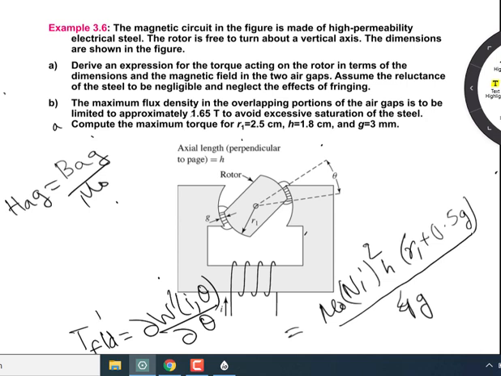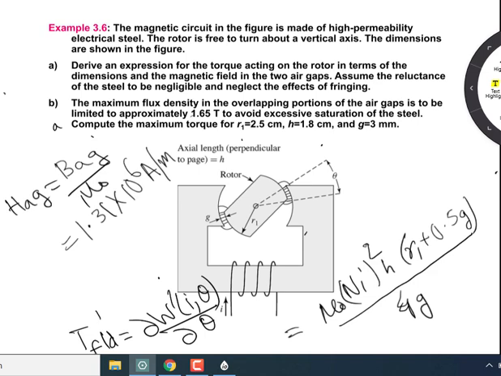So if it is 1.65 Tesla and you know mu naught is 4 pi into 10 to the power minus 7, you can figure it out. It will give you 1.31 into 10 to the power 6 ampere per meter. So it's a very high value we are getting here.